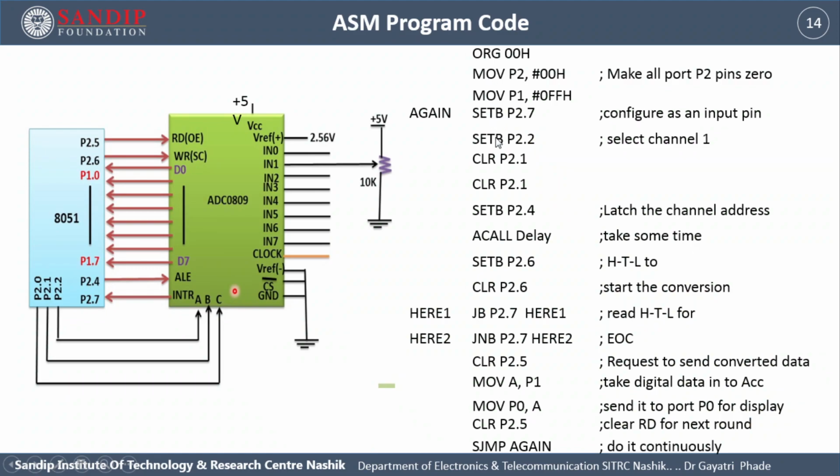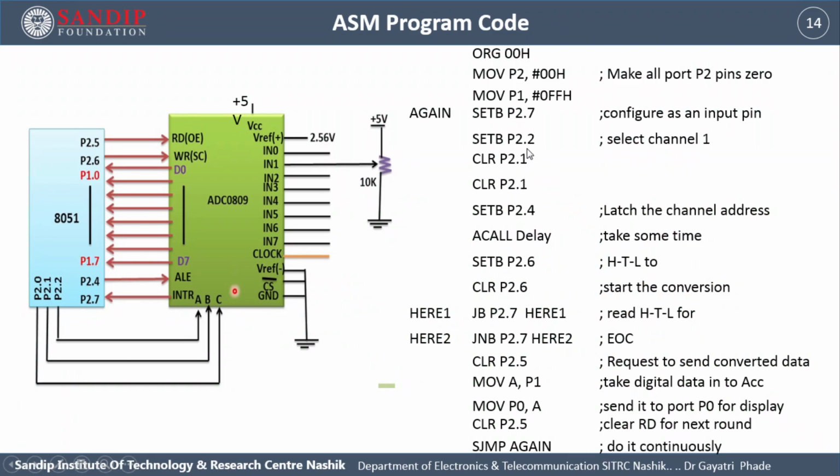Next is the selecting of the channel. We want to select channel 1 here. To select channel 1, what should be the bit position of this ABC? 100. So make P2.2 high, P2.1 low, P2.0 low.